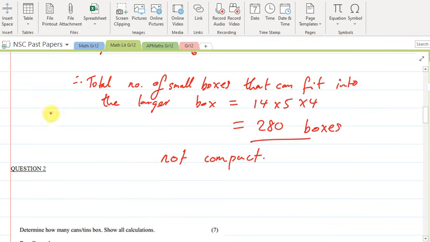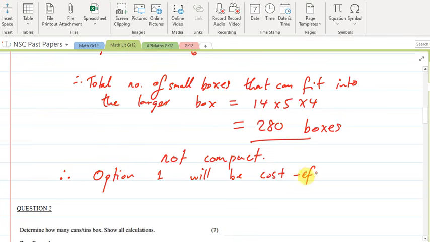Therefore option 1 will be cost effective, right? Because we can see you can fill more boxes. If you fill more boxes and ship them, it is better for the company, saving cost.